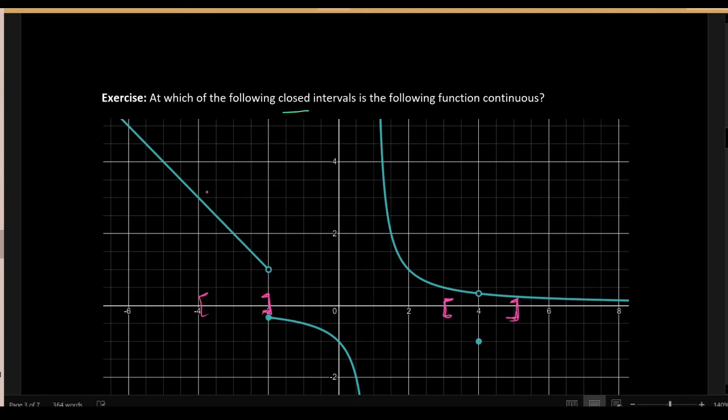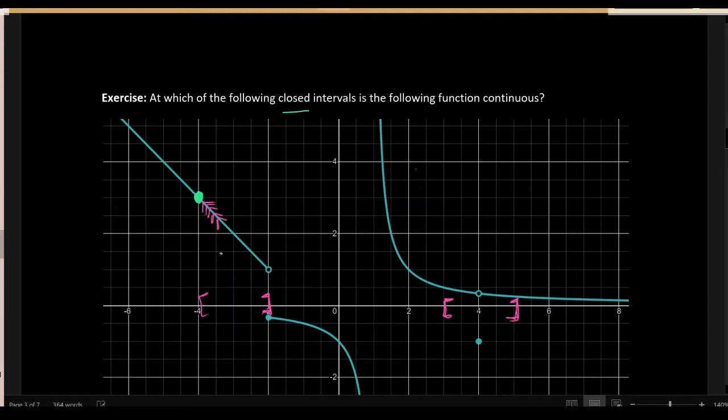Now let's check out what's happening with this function at the left endpoint. What's happening with this function at -4? The requirement at the left endpoint was that if we snuck up on the left endpoint from inside the interval, that sided limit had to match the function's actual output.